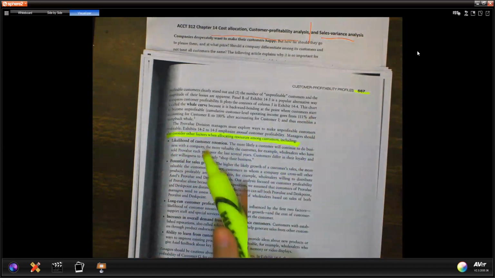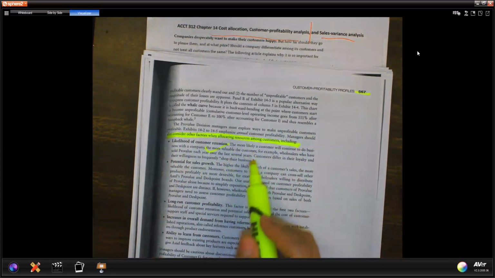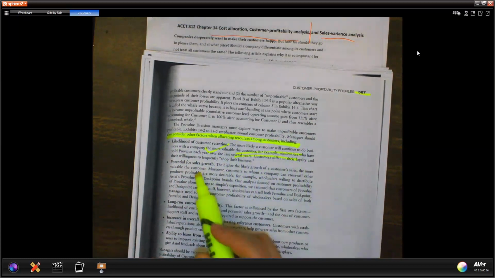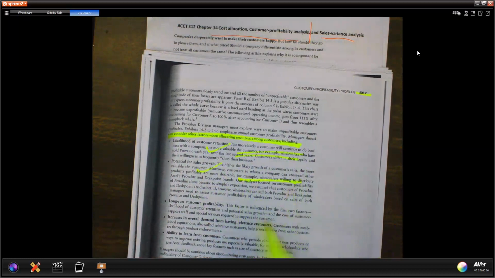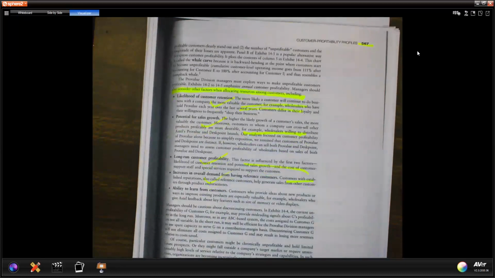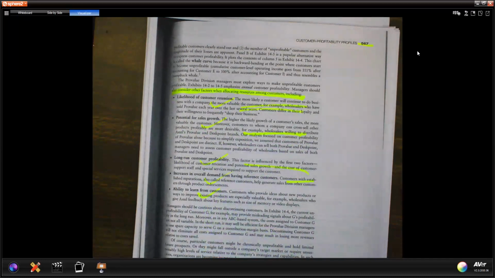So there is the likelihood of customer retention, potential for sales growth, and long-term profitability. We also talk about reference customers, whether a customer can bring us more customers, and whether we can learn from our customer.